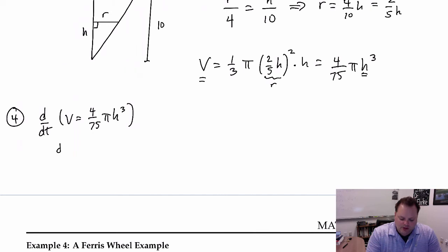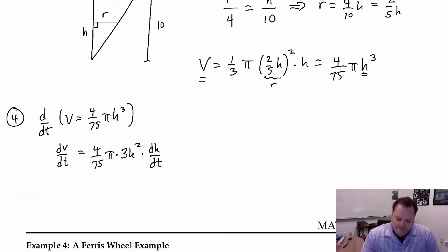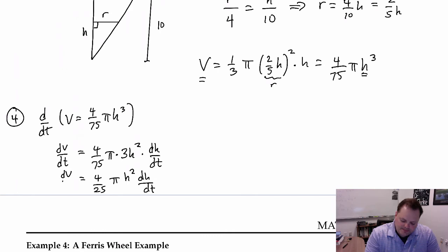If I do that, I will get dV/dt on the left-hand side, and I will get 4/75 pi times 3h squared dh/dt, which is 4/25 pi h squared dh/dt. All right, so I've done the differentiating now. And so step 5, I want to solve.